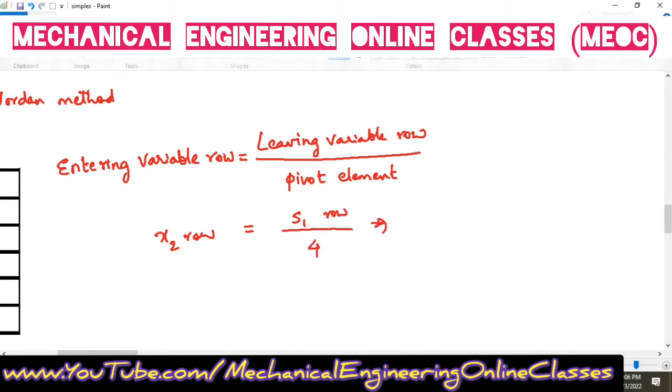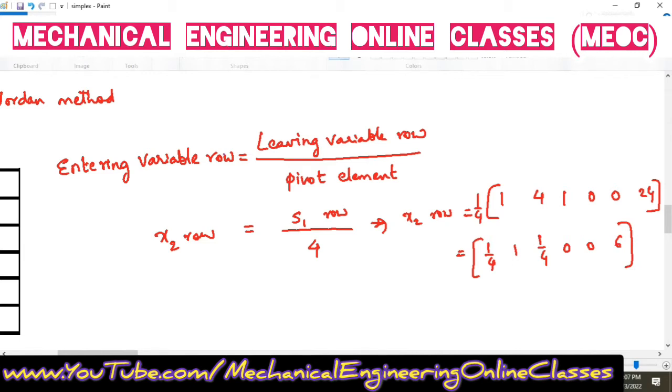So the new x2 row will be equal to the S1 row, that is 1, 4, 1, 0, 0, 24. All these elements must be divided by 4. So we can write this as 1 by 4, 1, 1 by 4, 0, 0 and 6.